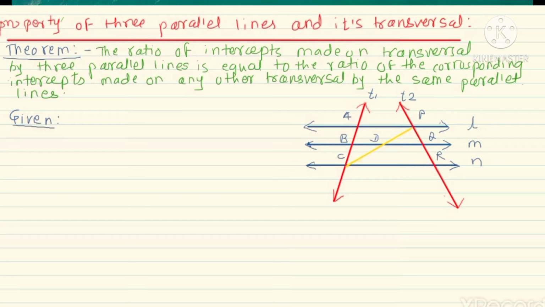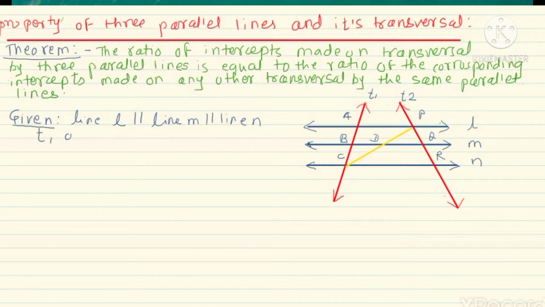So you know that in a theorem, first of all, we go through the given part. Now what is given here? We are given that line L, line M and line N are parallel. So write line L parallel to line M parallel to line N, and T1 and T2 are two transversals.